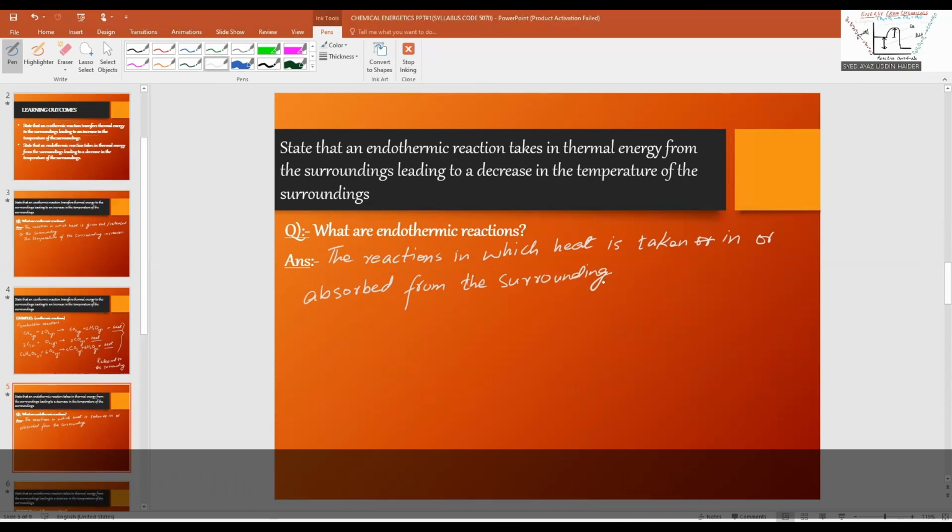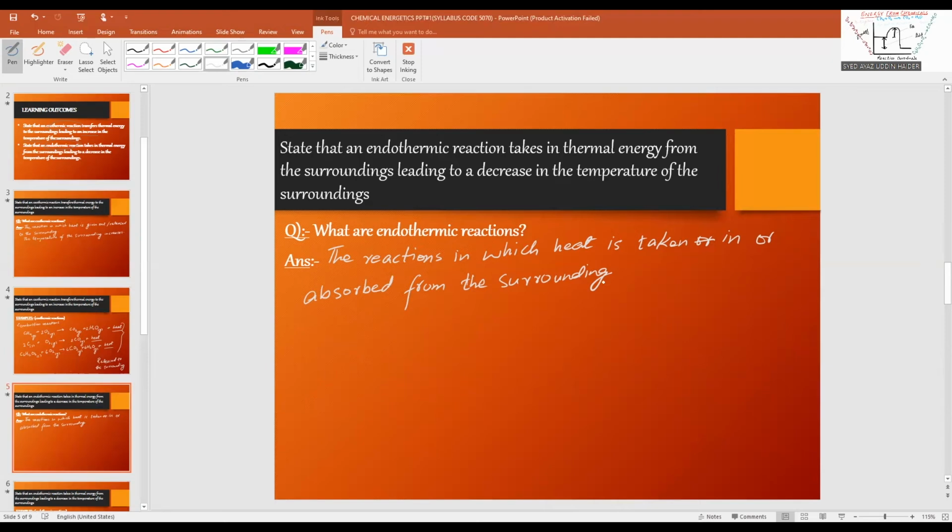Due to this reason, there's a drop or decrease in temperature of the surrounding. The temperature of the surrounding decreases.